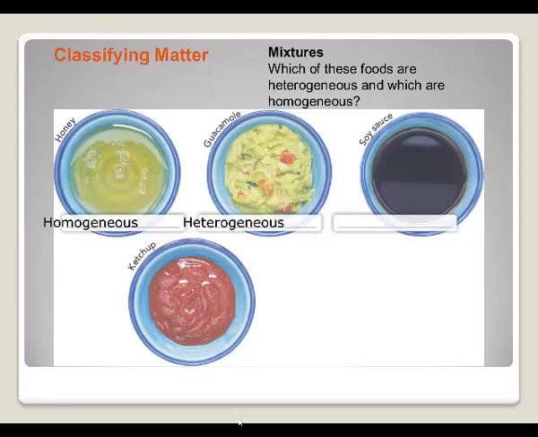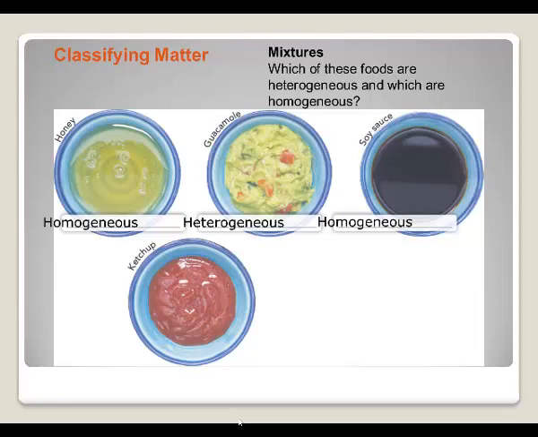You can kind of see there's little tomatoes added to it. This is an example of a heterogeneous mixture. Finally, soy sauce is another example of a homogeneous mixture. You cannot separate out the parts of soy sauce. They are not easily separated out.